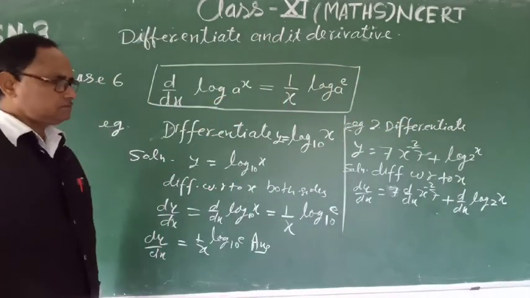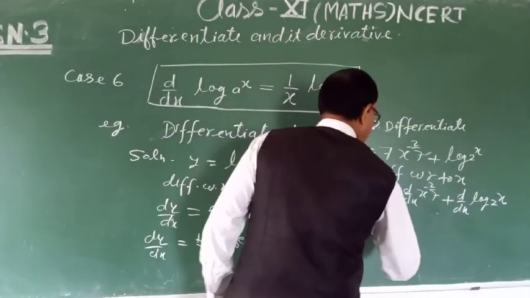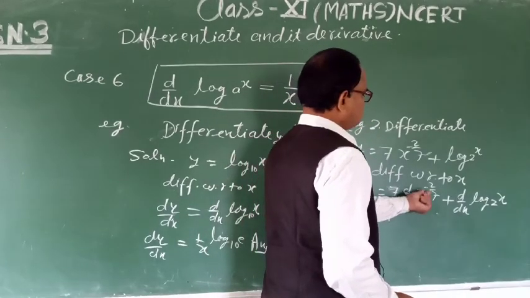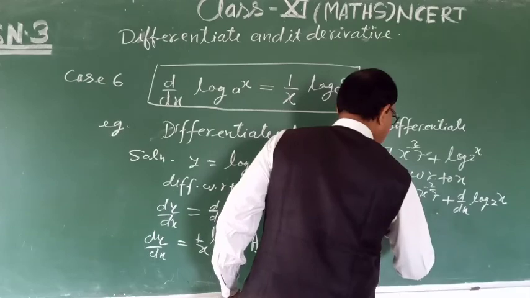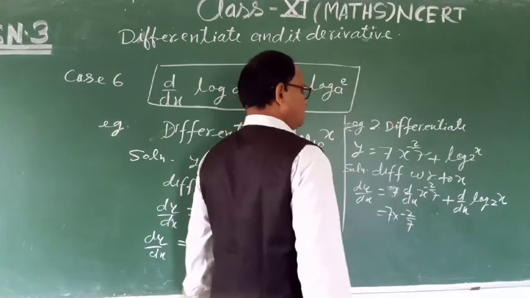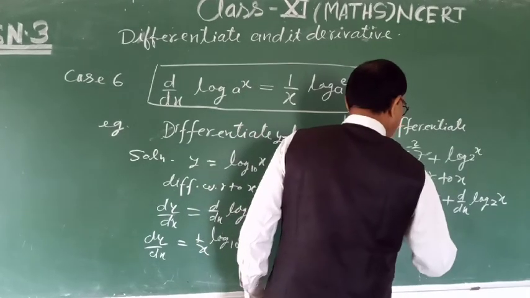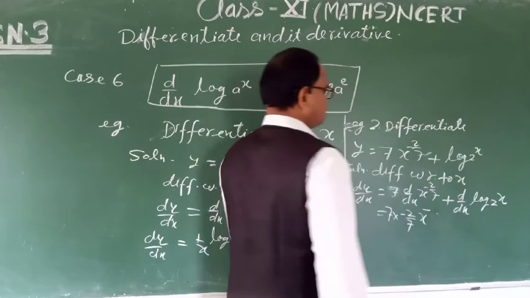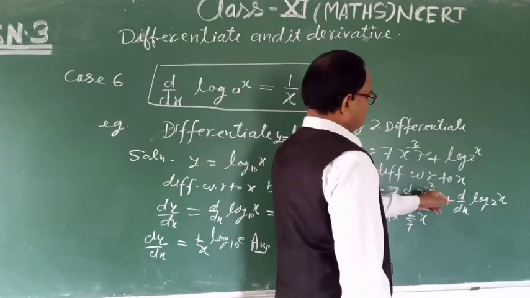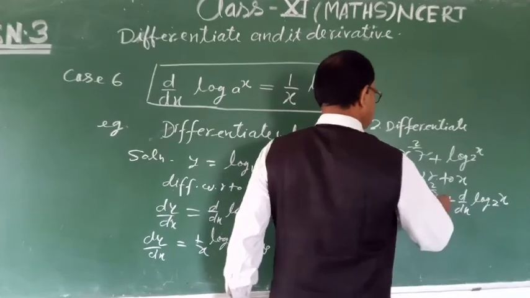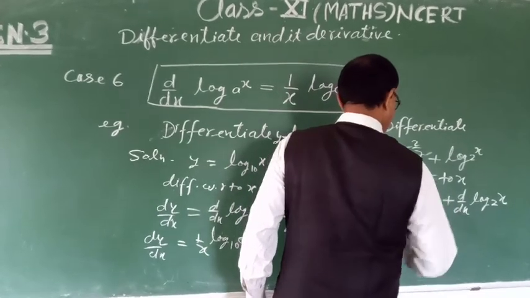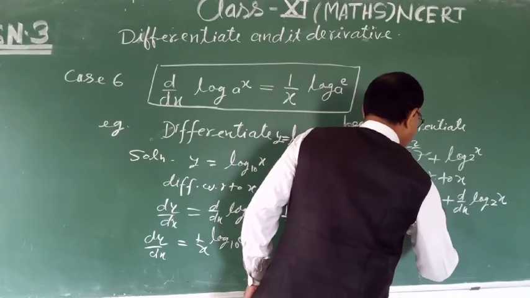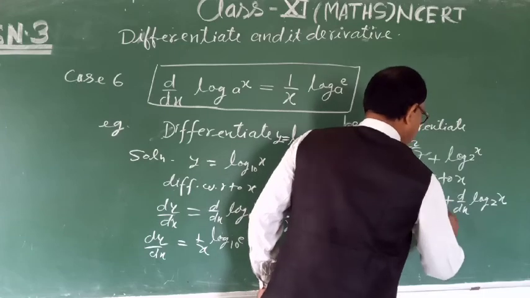Okay students, we write here 7 d upon dx x power minus 2 by 7, we write minus 2 by 7 and x power minus 1 minus 7, or right here minus 2 by 7 minus 1.